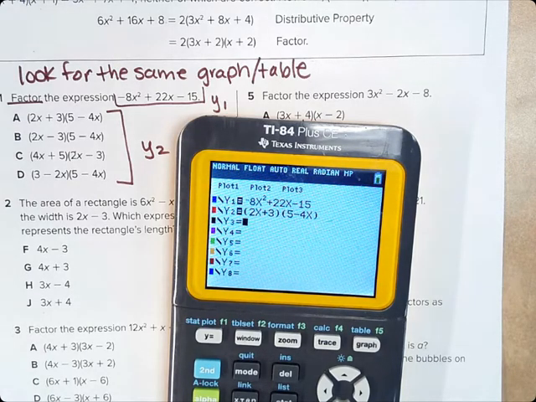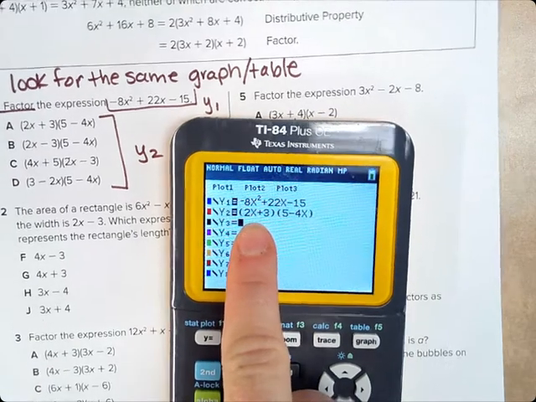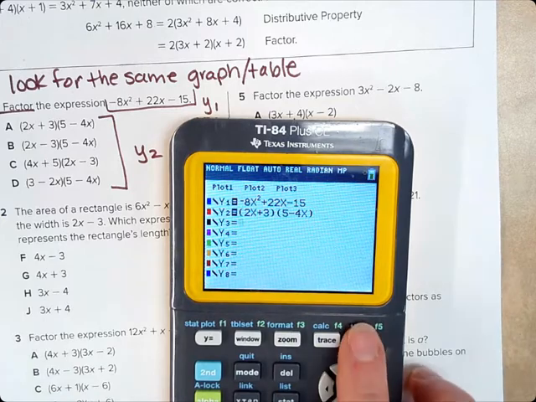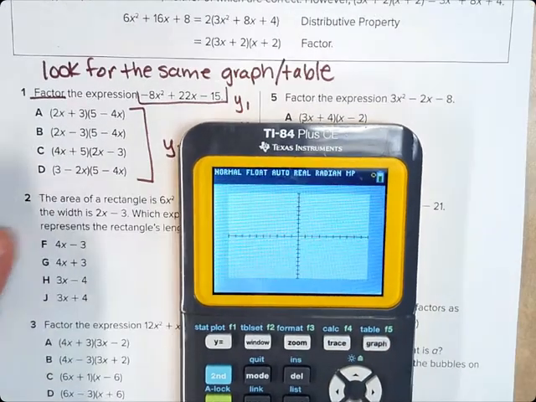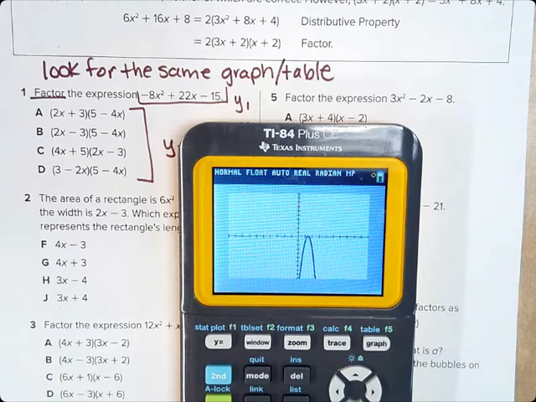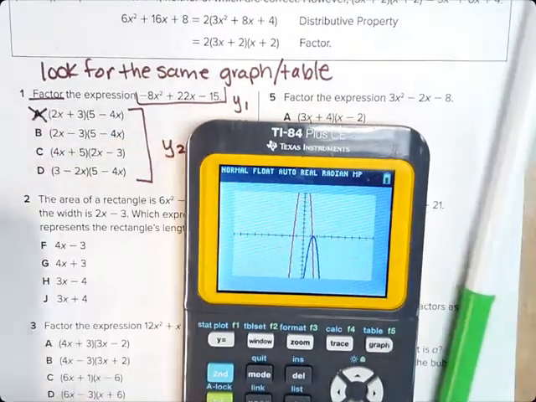I don't like my graph to be too overloaded with a bunch of stuff, so I'm just putting in one at a time. So I've put in answer choice A, and I'm going to go to graph. And I want to see if they are exactly the same. And they are not. So A is out.